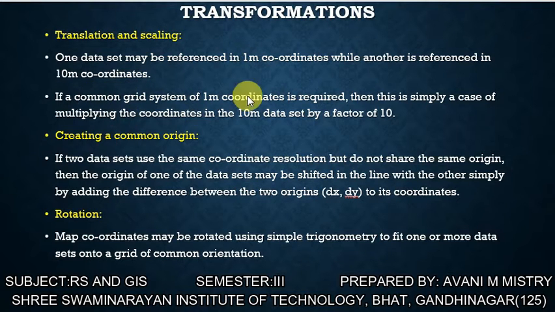If a common grid system of 1 meter coordinates is required, then this is simply a case of multiplying the coordinates in the 10 meter data set by a factor of 10. That means you have used 1 meter coordinates as the common grid system, so this is simply a case of multiplying the coordinates. For example, if you use the 10 meter data set, you multiply the data by 1 divided by 10, that is, factor of 10.